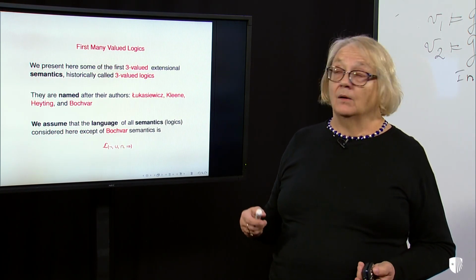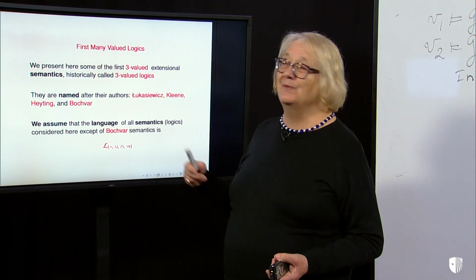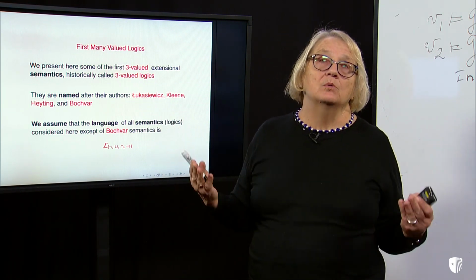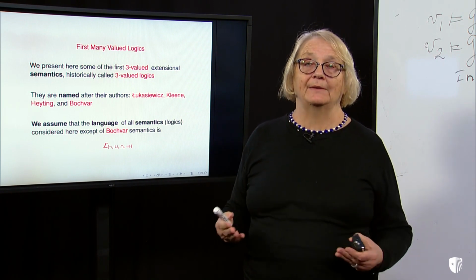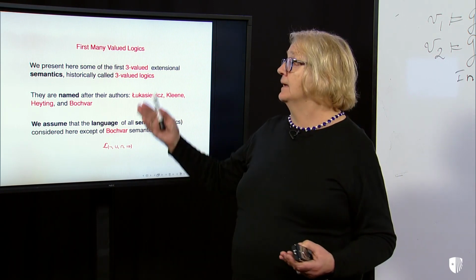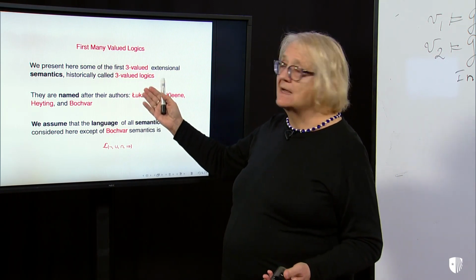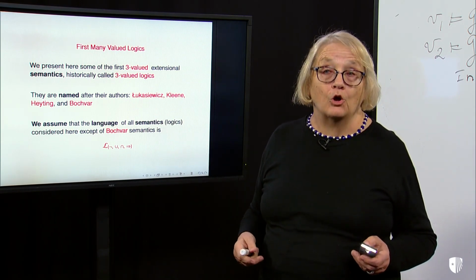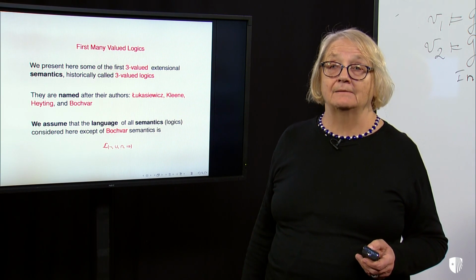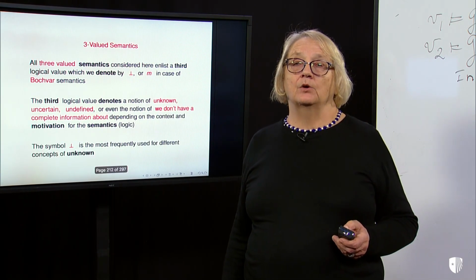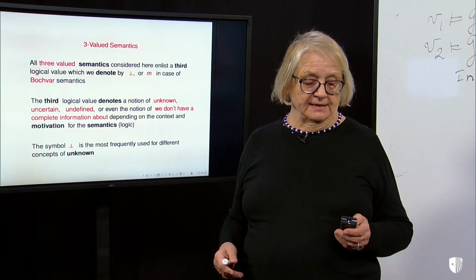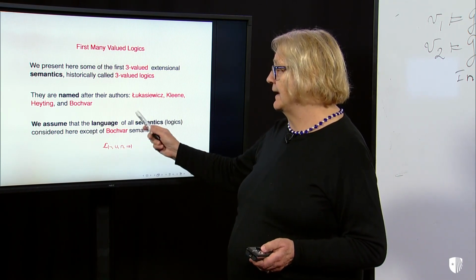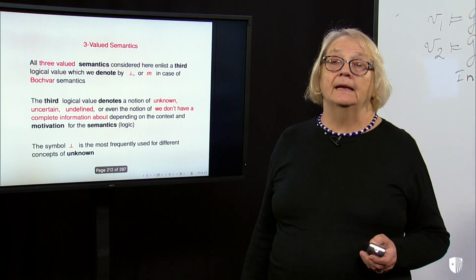So we define now what they call many-valued logics, but they are really logics defined semantically. So we give semantics for some historically important three-valued logics defined semantically. The language is the same, except for Bochvar, which has another connective.